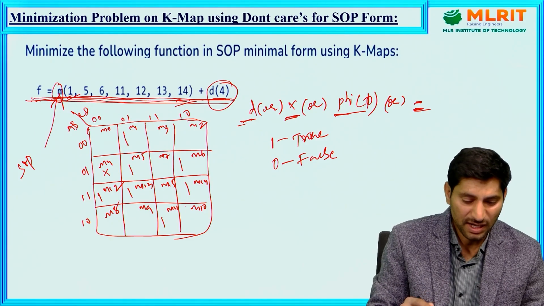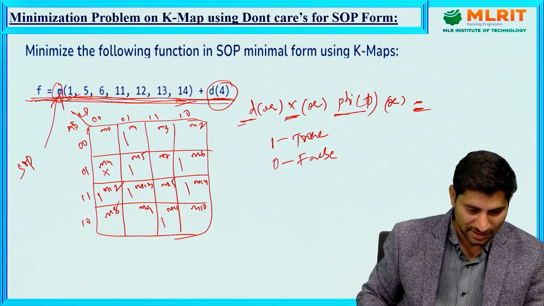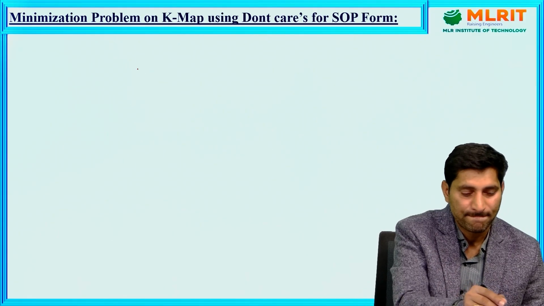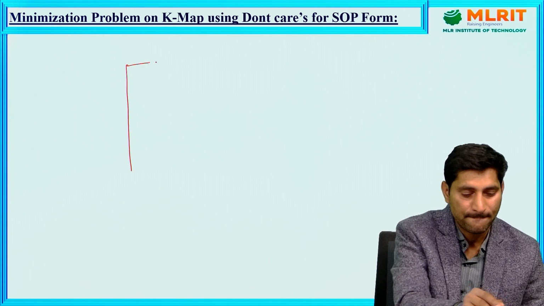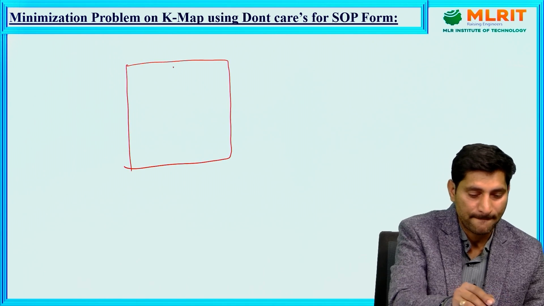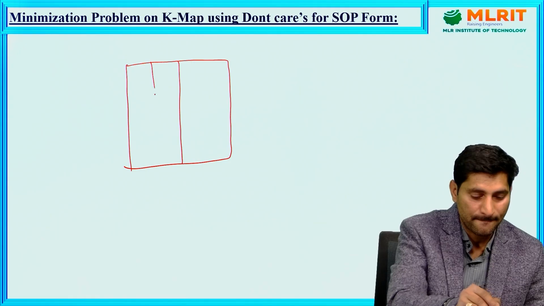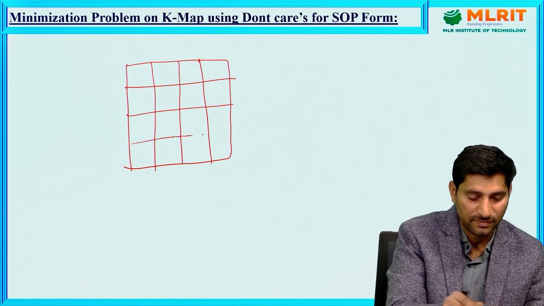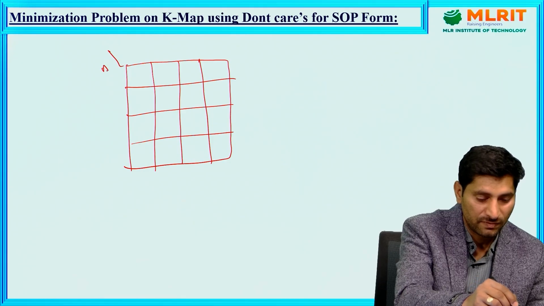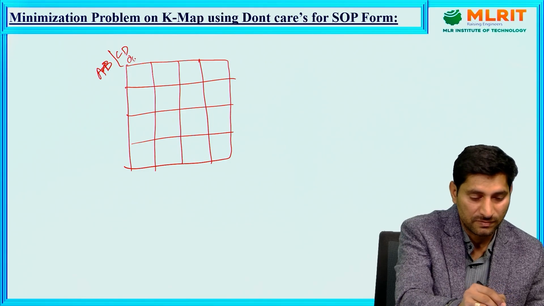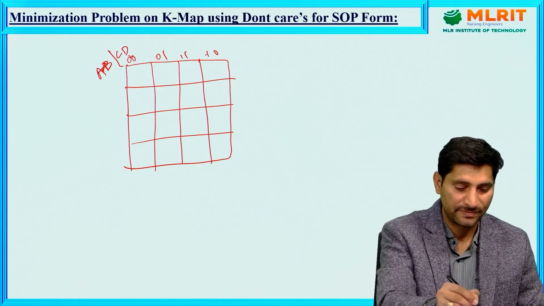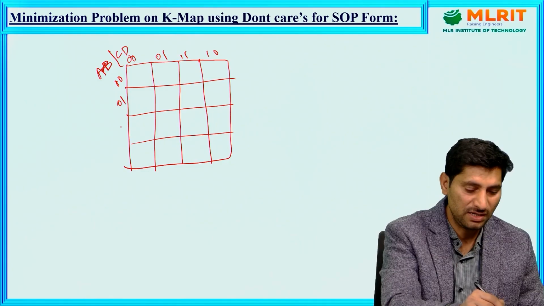Now if we clearly rewrite this term, zero zero zero 1 1 1 1 0.